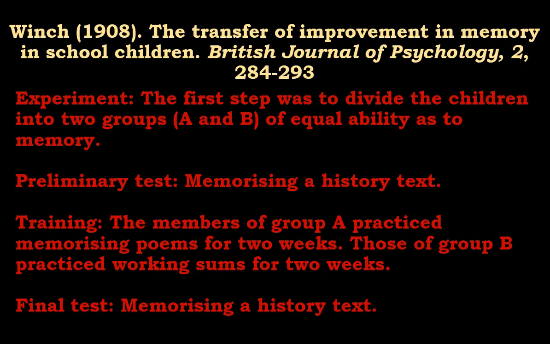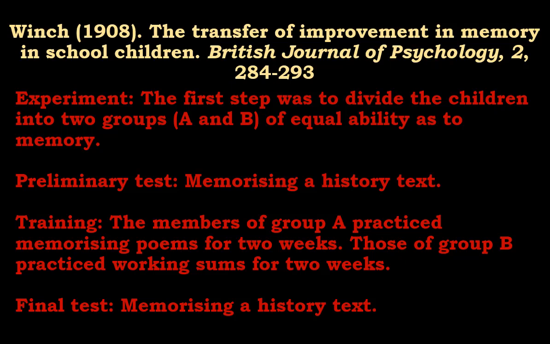So then he asked the children, which were girls, to memorize a history text. And then there was a training session or training sessions over a couple of weeks in which the members of Group A practiced memorizing poems for 2 weeks. Those in Group B practiced working sums for 2 weeks.